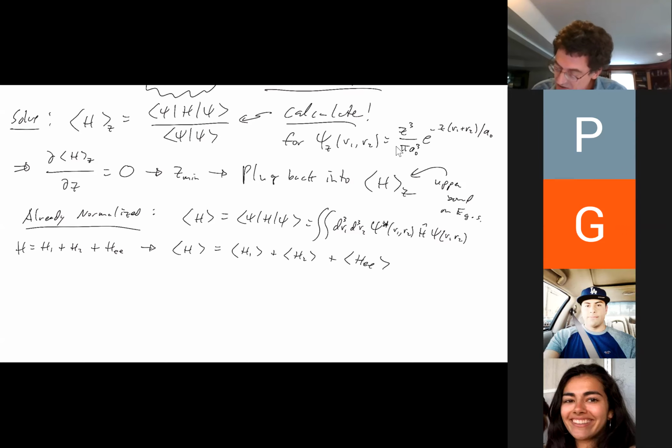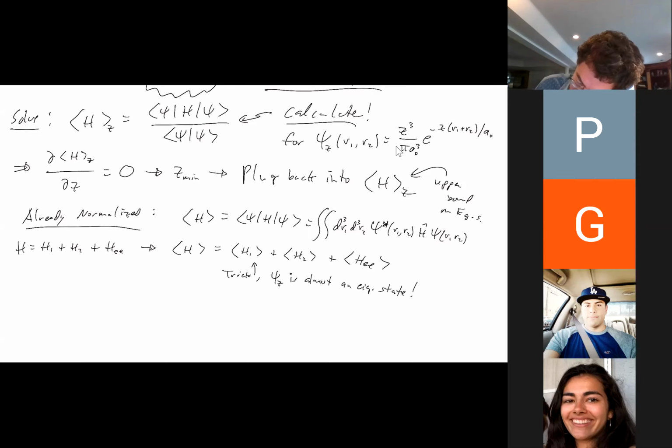And when you look at it, you feel like there should be a trick, because the wave function psi_Z that we're using is almost an eigenstate of H1.